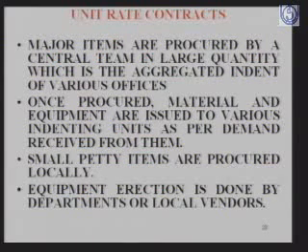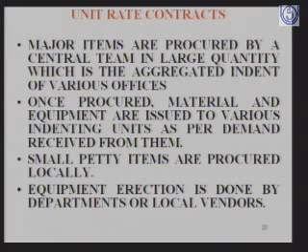What are the unit rate contracts? The major items are procured by a central team in large quantity, which is an aggregated indent of various offices. For example, the head office of a company can take the indent of the requirement of various items from the various locations where the plants are located, and once it gets this requirement, it procures this at one go, at one place.